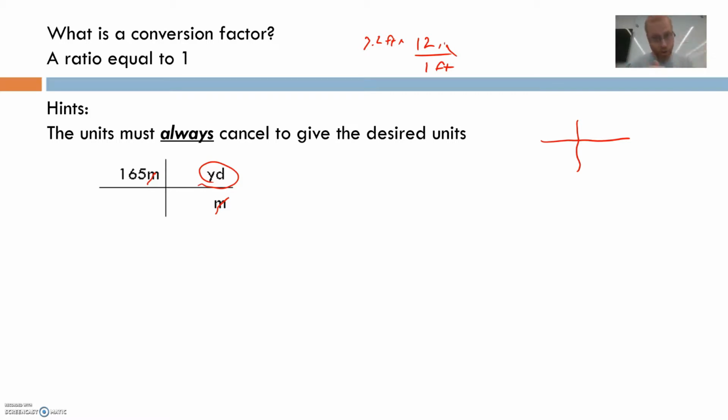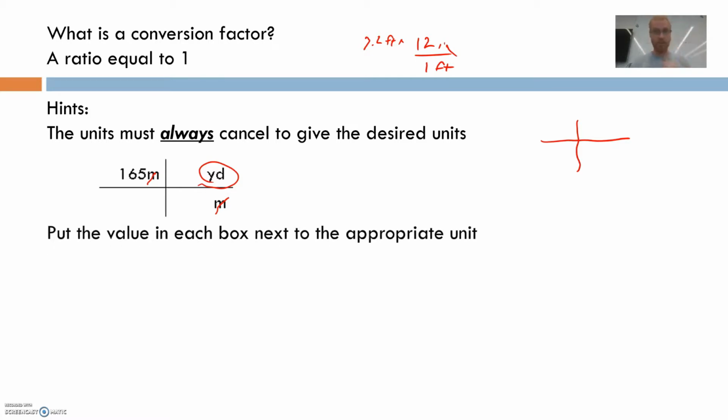Then, once you have your units in the right place, you put your numbers into it. From the previous video, we know that 1.094 yards is 1 meter. So we put our numbers in: 1.094 yards, 1 meter.